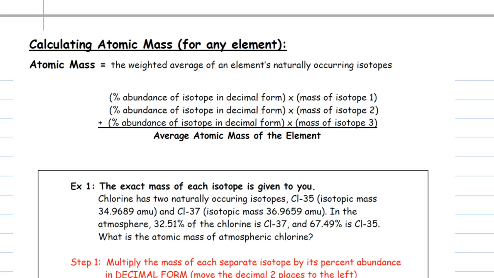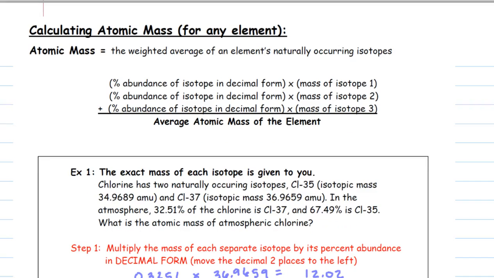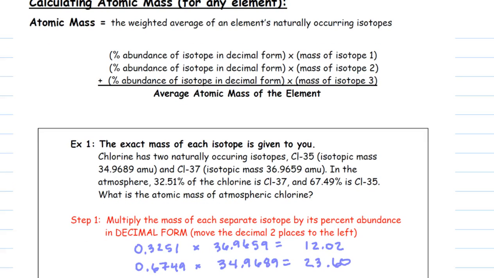So, step 1, we want to multiply the mass of each separate isotope by its percent abundance. So the actual mass of chlorine 37 is 36.9659 AMUs, and we're going to multiply that by 0.3251, and that's going to give us 12.02.